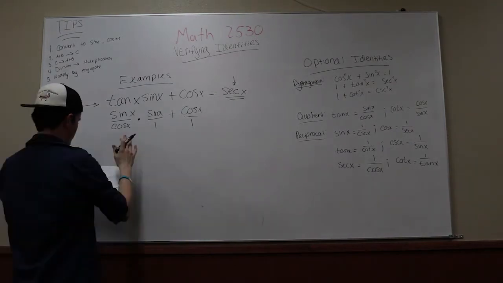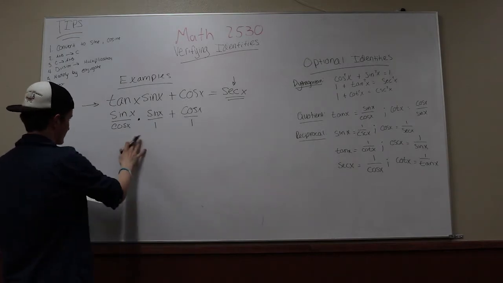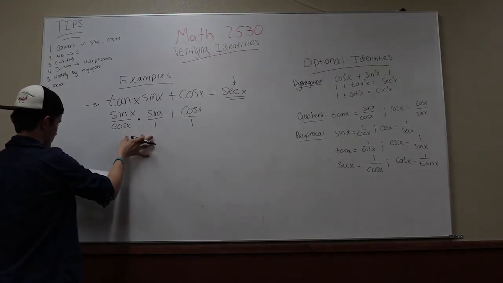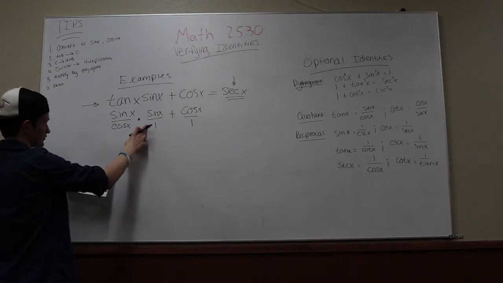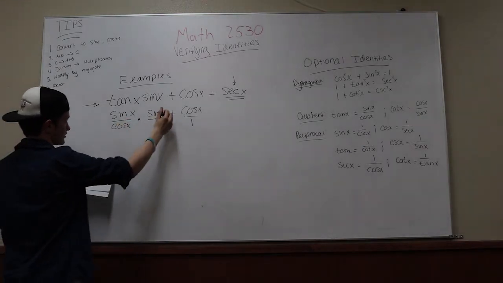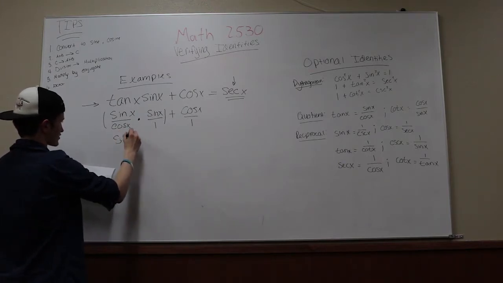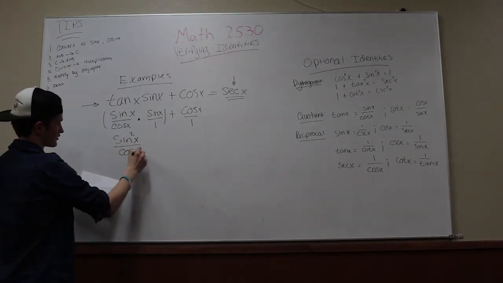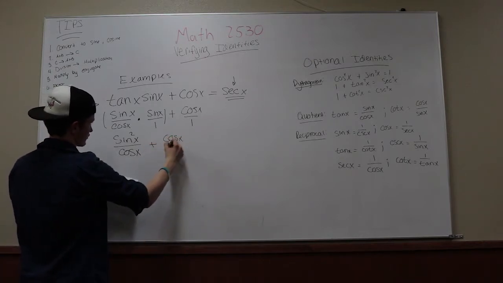So next we're going to find a common denominator. And so in this case our common denominator is going to be cosine of x. And so we're going to start off by combining this sine x with this sine and cosine. So we're just going to go ahead and do that. We're going to multiply across, and it's going to look like sine squared x over cosine of x plus cosine of x over 1.